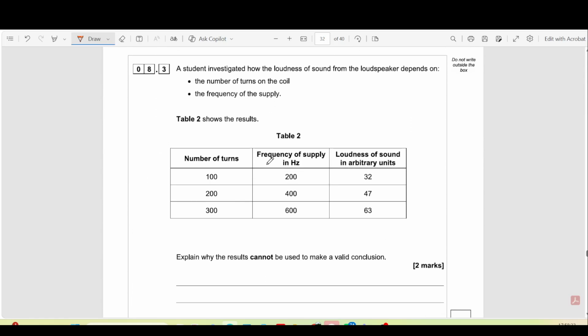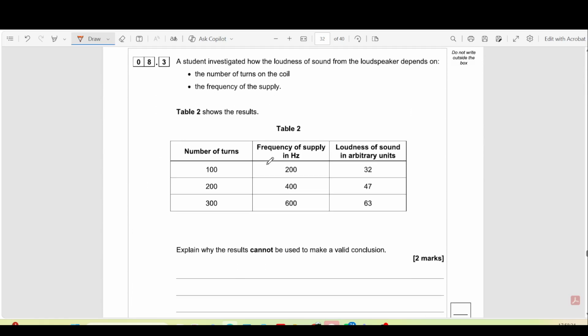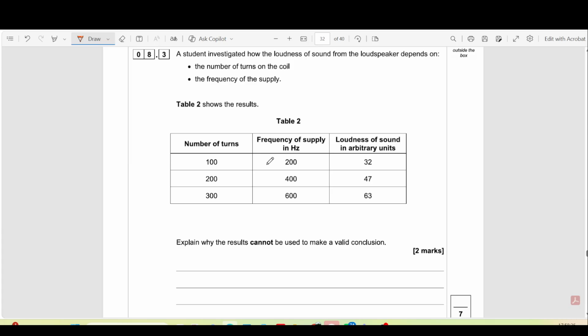A student investigated how the loudness of sound from a loudspeaker depends on the number of turns of the coil and the frequency of the supply. The results cannot be used to make a valid conclusion.